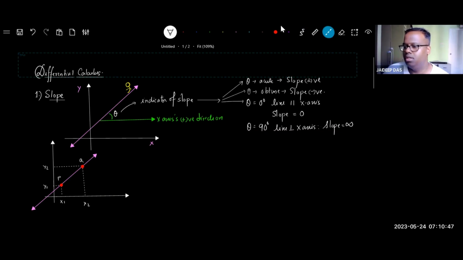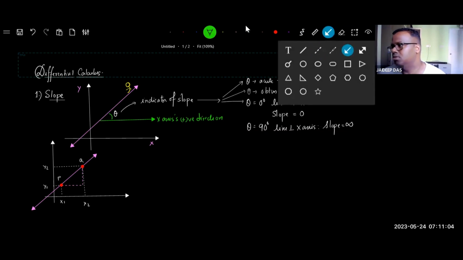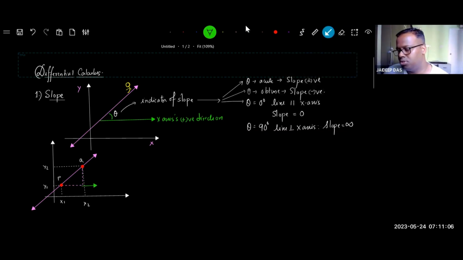Right? Fine. What I do is that I join them this side also. And now starts the interesting part. Now I am allowing you to go from P to Q. Don't also leave out my theta. So let me extend this to form the positive direction of the x-axis also. And this still forms my theta.